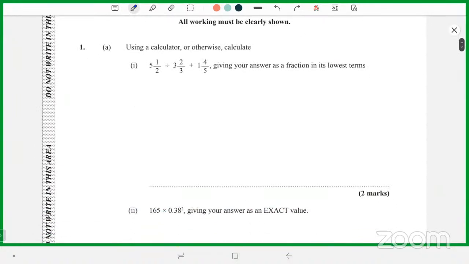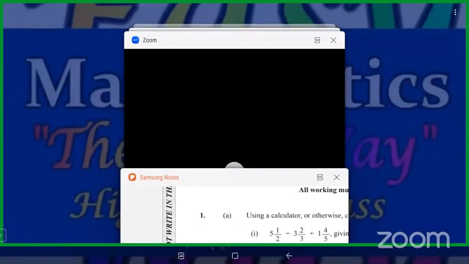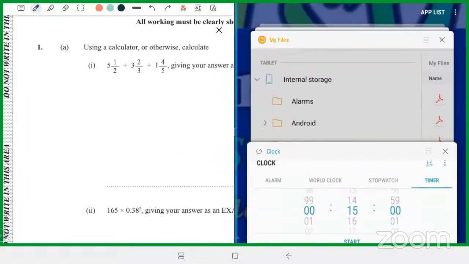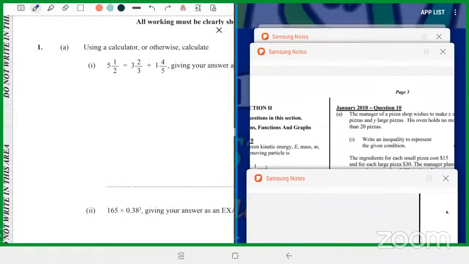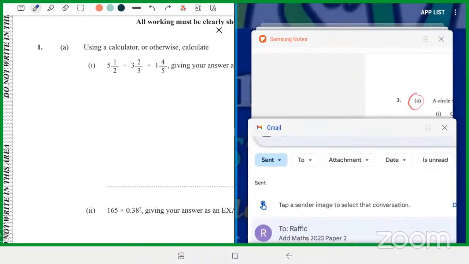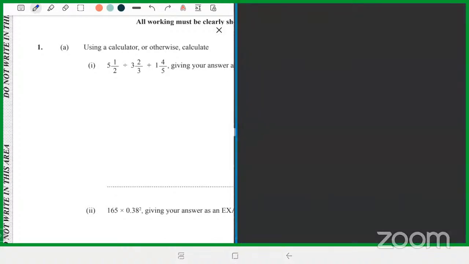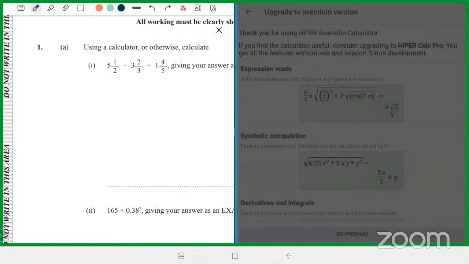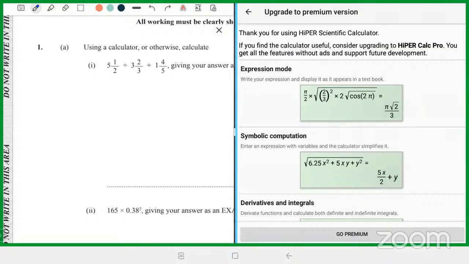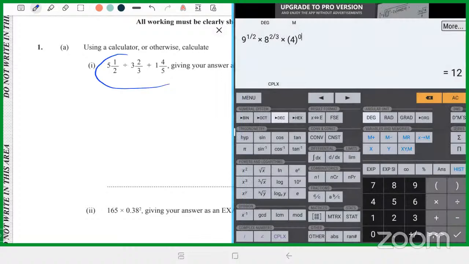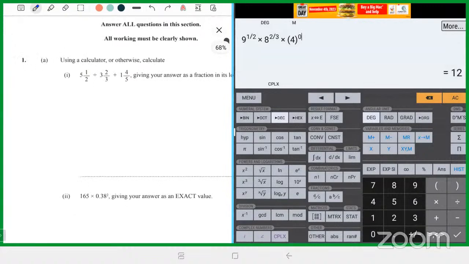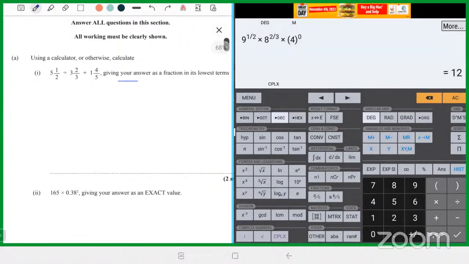Right here. And this is a use your calculator question. So let me bring up the calculator. As usual, what we want to do is enter this information exactly as it appears there in the calculator, and we have to give our answer as a fraction in lowest form.